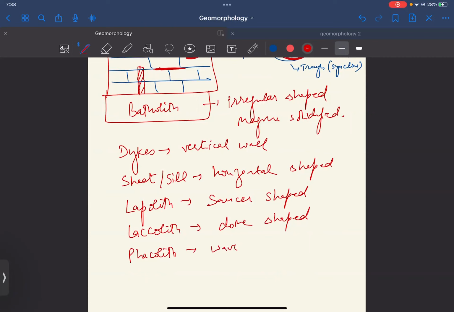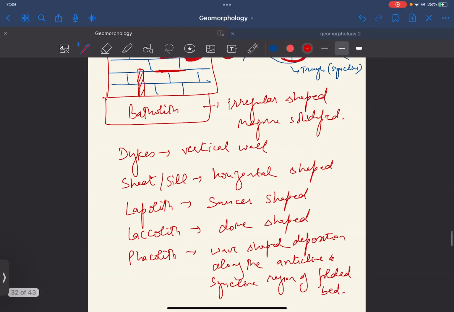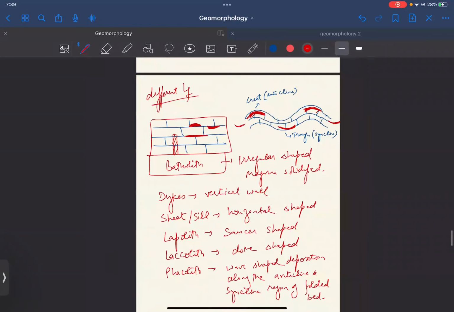Basically, wave shaped deposition along the anticline and syncline region of folded beds, folded mountains, which we all know. So I hope you're clear. You just have to remember these shapes.